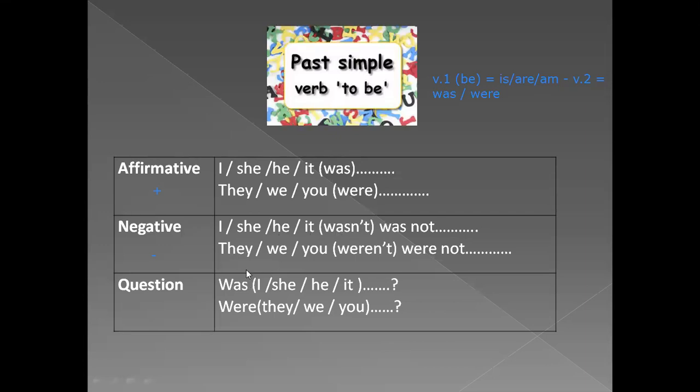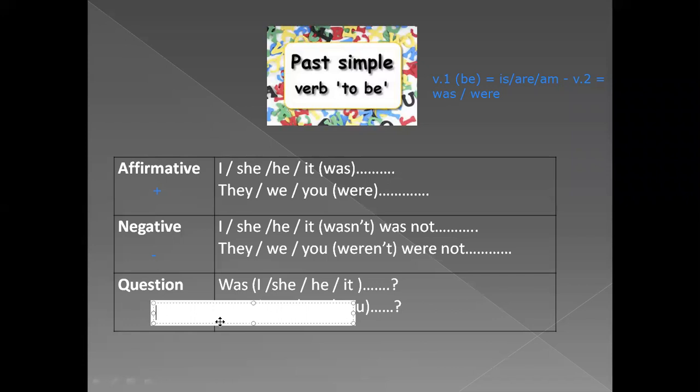Let's move to the plural subjects. Whenever I have a plural subject like they, we, and you, as we said in the affirmative sentence we should put were, but in the negative form we should add not to were in order to become weren't, okay? Let's move to the form of a question.